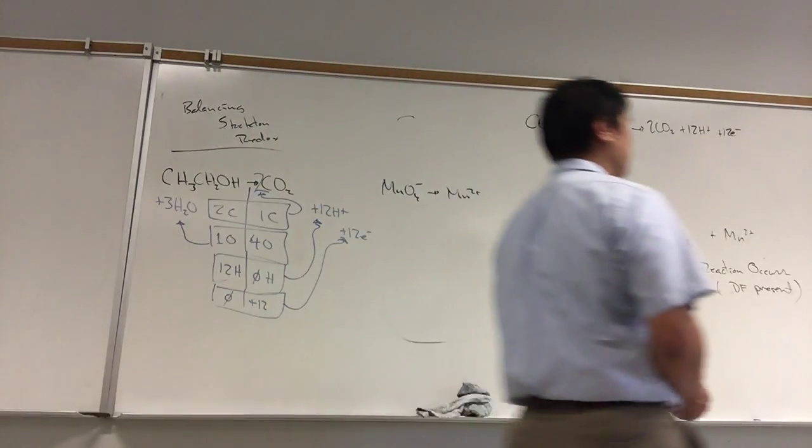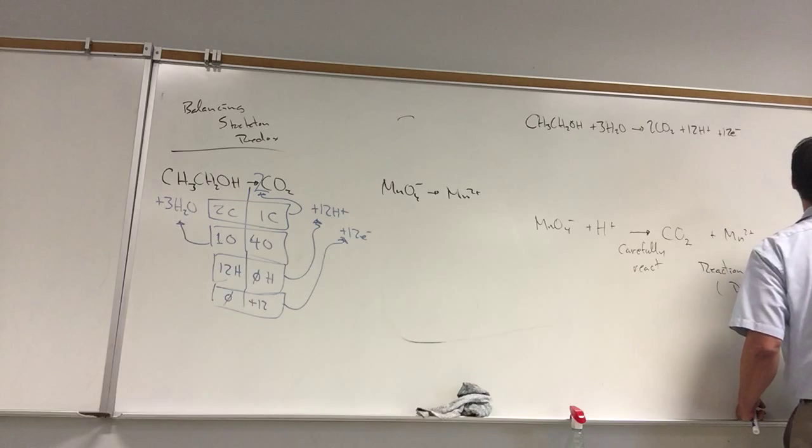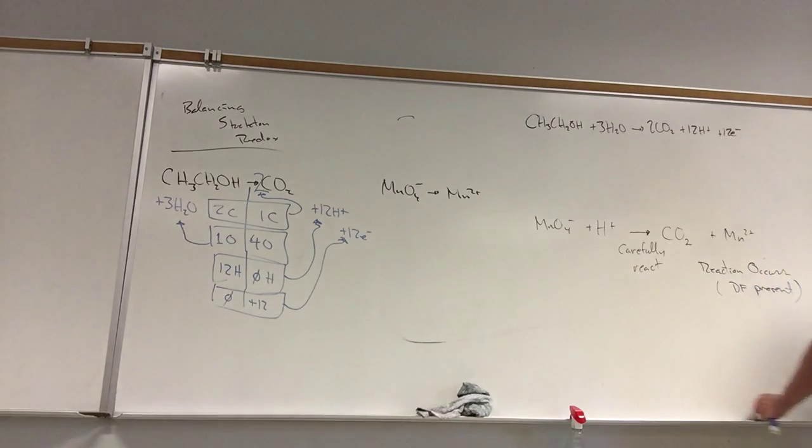H+ doesn't really exist in solution. We use H+ to represent H3O+ and higher species, and we use H+ all the time because it saves time and space. My Chem 4 teacher said that way is wrong.